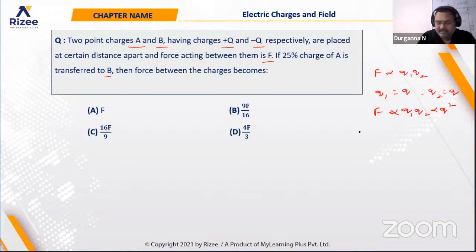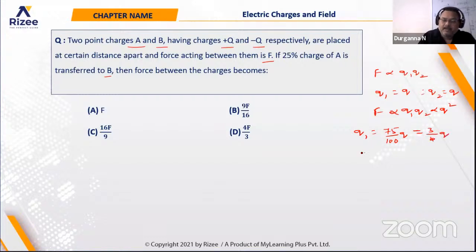Now Q1 is being reduced by 25%. That means 75% of the total Q will be left with A, which can be written as 3 by 4 times Q.